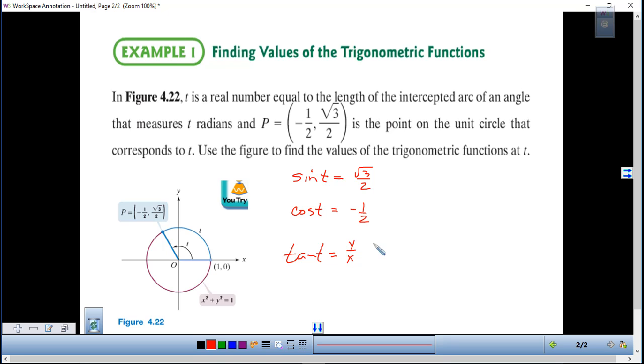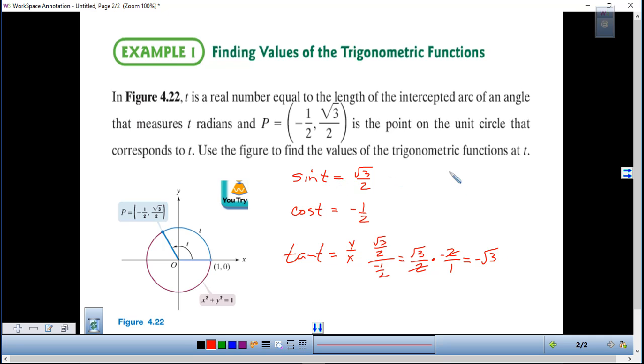So that's going to be the square root of 3 over 2 divided by negative 1/2. Now, of course, with that, we're going to have a negative, but let's go ahead and do the division. Remember, in division, you change the operation and flip the bottom one, so we're going to end up multiplying by negative 2 over 1. Well, the 2's are going to cancel out, so we're going to end up with negative square root of 3.